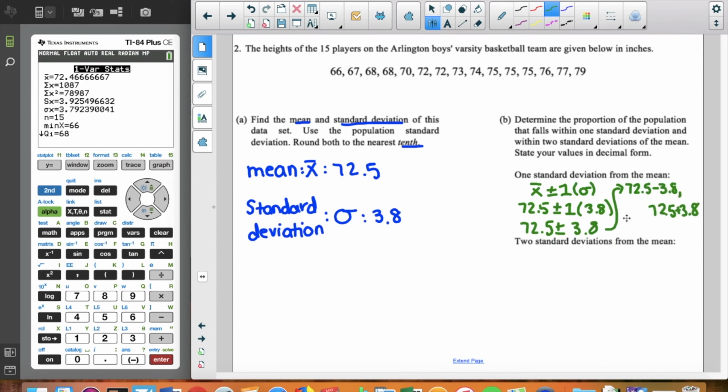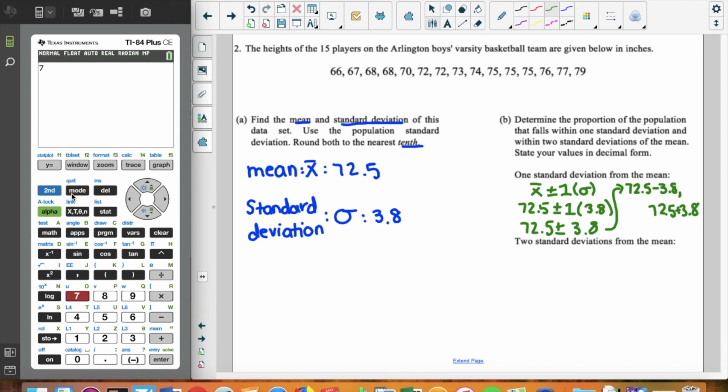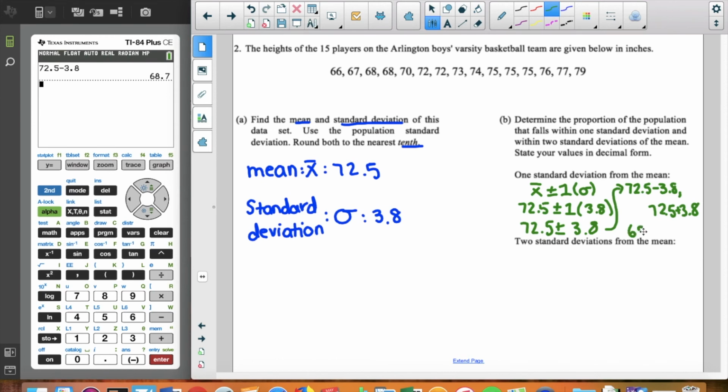So now that's how you find the range. First let's subtract the values. 72.5 minus 3.8 is the first point in our range, 68.7.